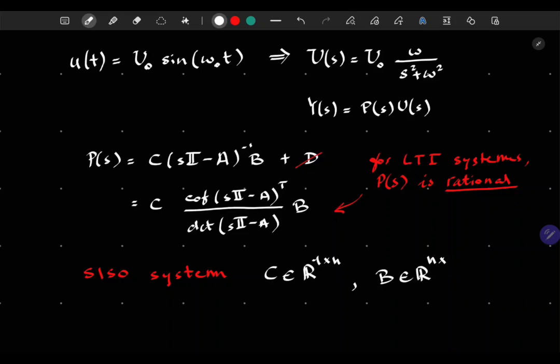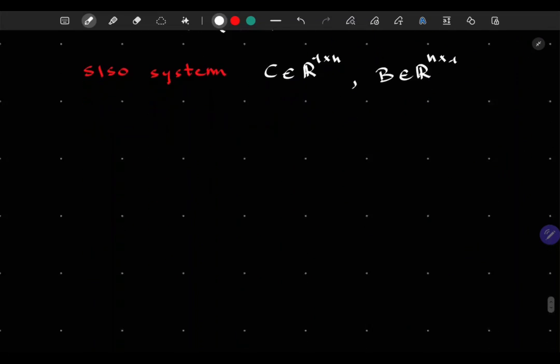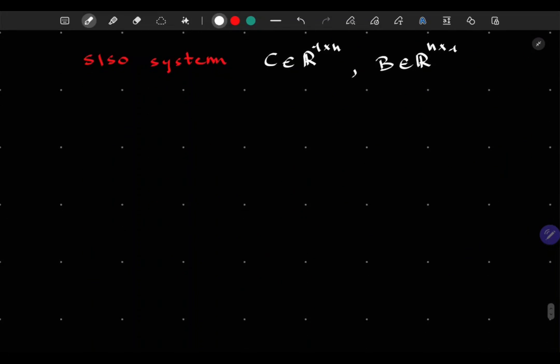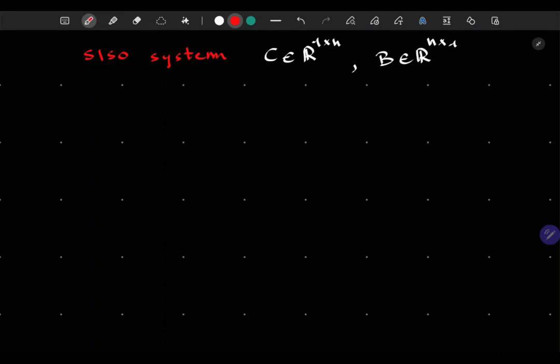We can write this as follows. Now let us assume that P of s only has stable real modes, which means that the system will have natural modes that are associated to decaying exponentials.